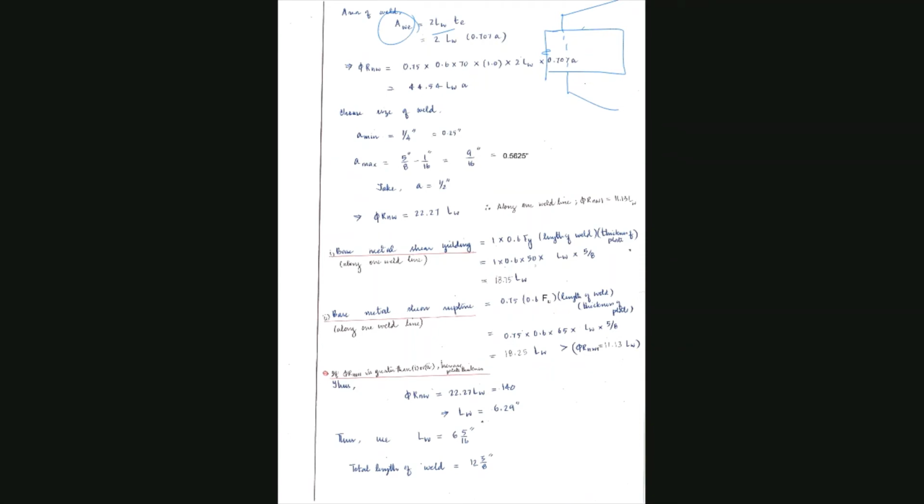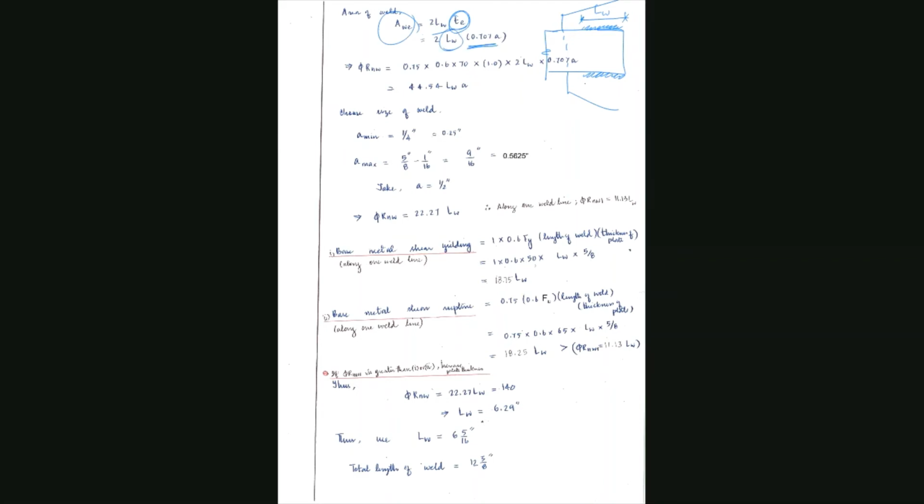You have two welds. I'm naming this as L_w. So what is the total weld area? The area of one weld is L_w, the length of the weld, times the effective throat. Now you have two of them, so you have 2 L_w t_e, where t_e is 0.707a and L_w as it is.